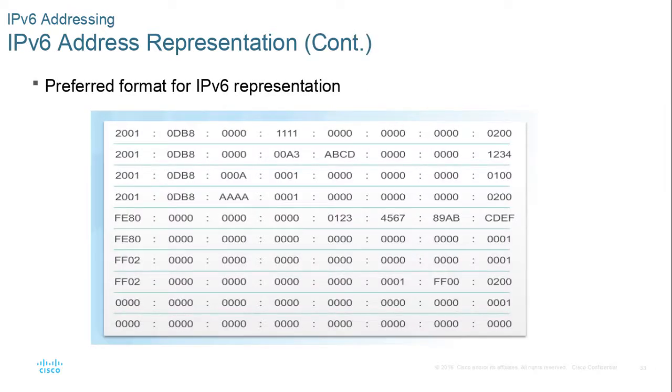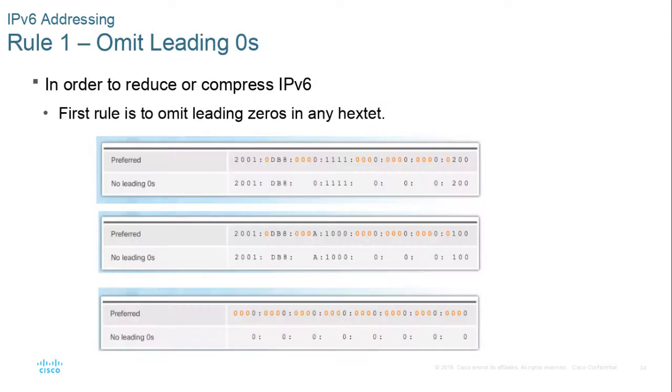So in IP version 6, we always write the numbers with 4 hex digits and a colon, and then we have a set of 8 of those. Now, sometimes we have a big string of zeros, so there are some rules that we can use to reduce the number of digits we have to write down or type in when we configure this.